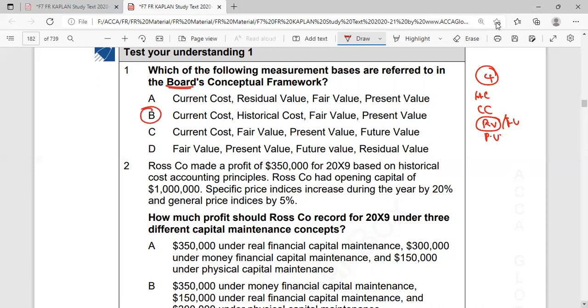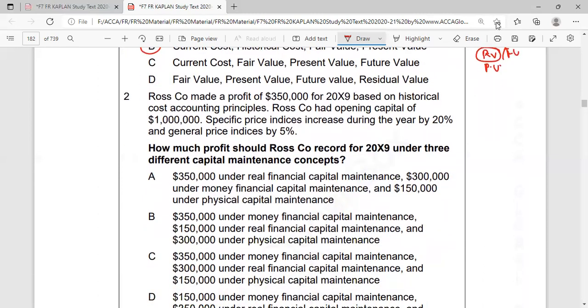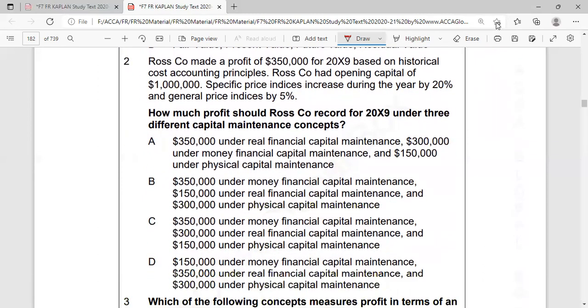Next, coming to the second one. Roscoe made a profit of 3,50,000 for 20X9 based on historical cost accounting principles. Roscoe had an opening capital of 10 lakh, and specific price indices increased during the year by 20% and general price indices by 5%. How much profit should Roscoe record for the year 20X9 under three different capital maintenance concepts?